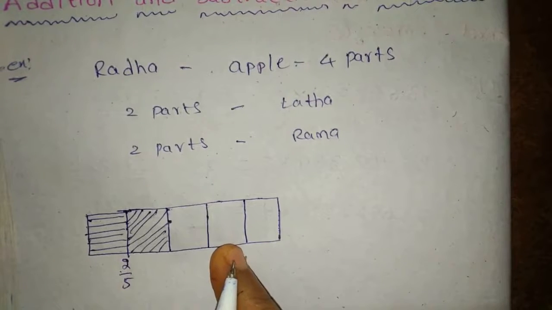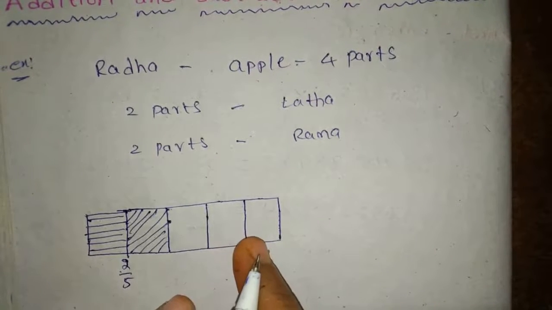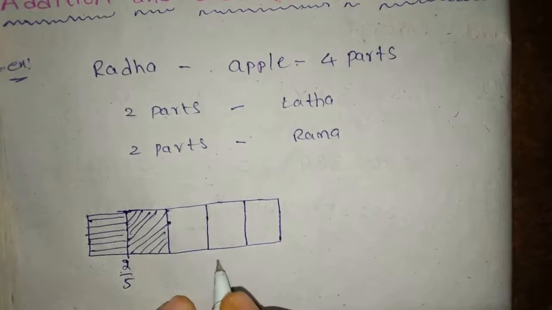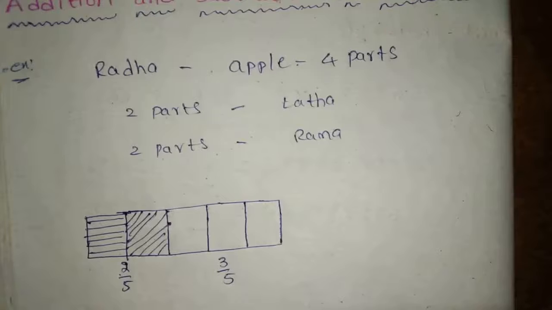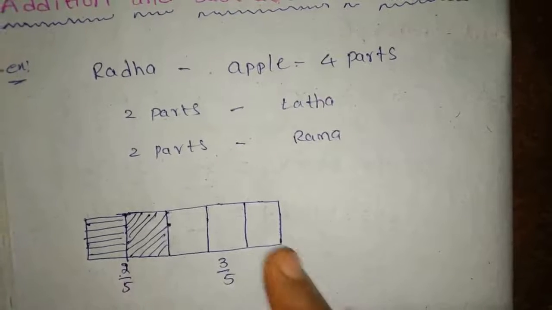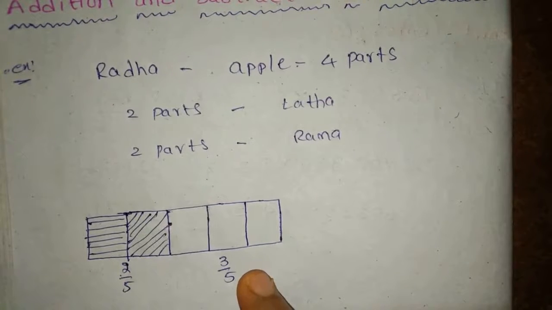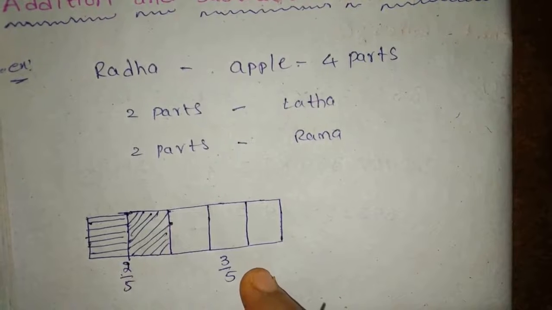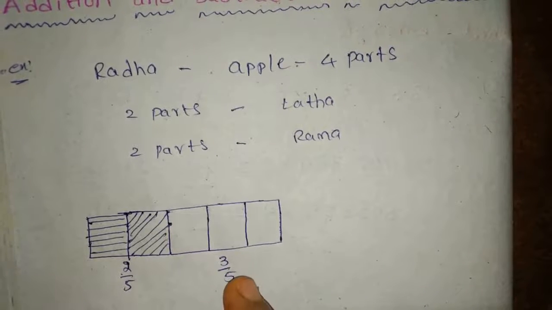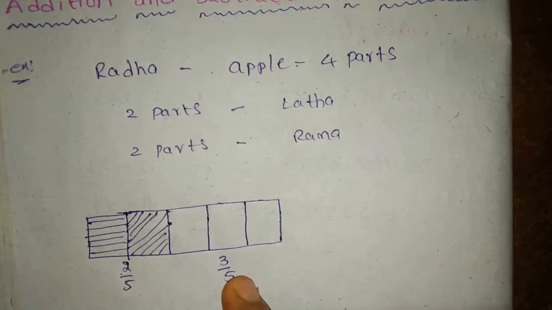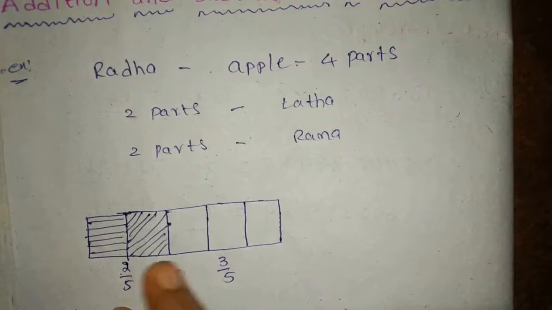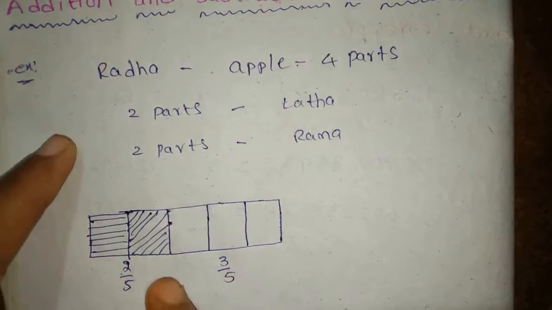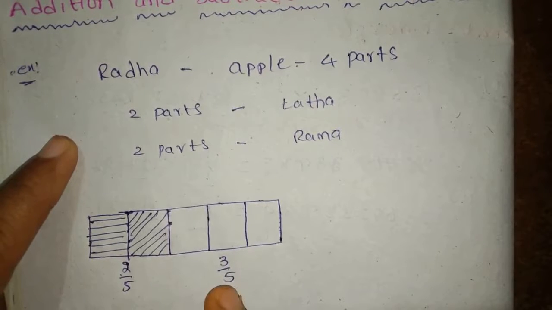The unshaded part is 3 by 5. Here the shaded part is 2 by 5, unshaded part is 3 by 5. When the denominators are equal, we add the numerators first. We add these 2 fractions.